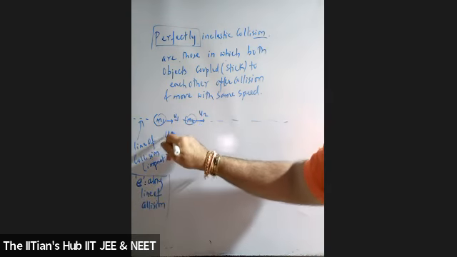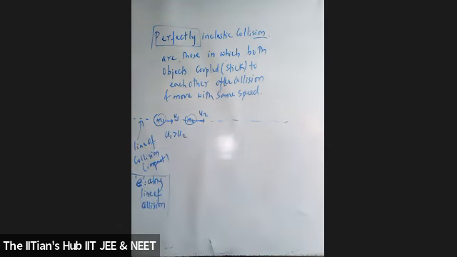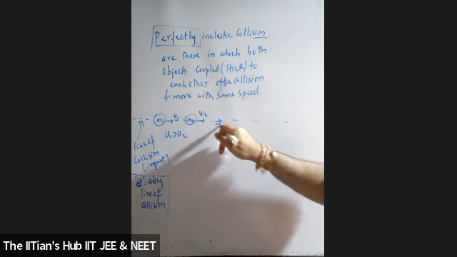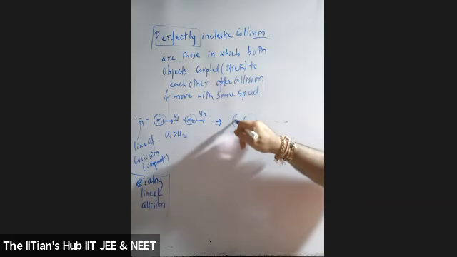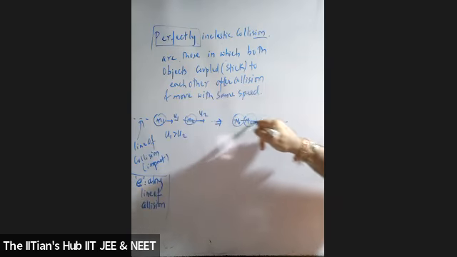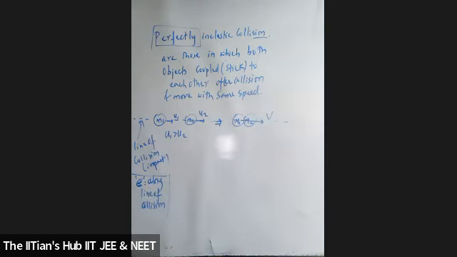Let us say U1's speed is greater than U2, then what will happen? They will collide with each other. But after collision, the two bodies will stick with each other, and now they move with the same velocity v. Then what kind of collision is this called? Perfectly inelastic collision.